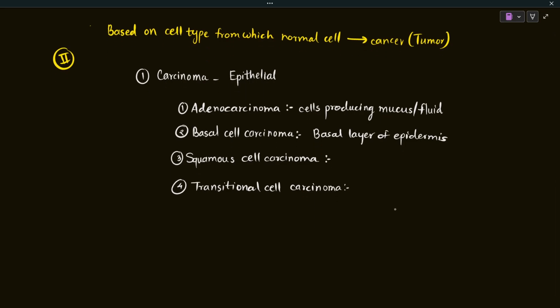They also form the lining, but they have somewhat stretchy capabilities. So they can be stretched, and that is why we can see them in the urinary bladder. So this transitional cell carcinoma is related to the urinary bladder and kidneys. The excretory part that has the transitional epithelium shows the transitional cell carcinoma. So carcinoma is related to the epithelial cells.